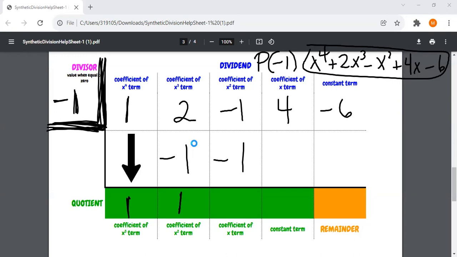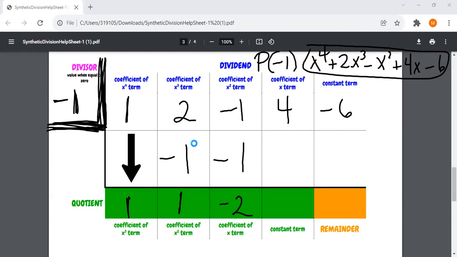Remember when they're both negatives and I'm subtracting, is it positive? No, negative. Is it -2? It is -2.